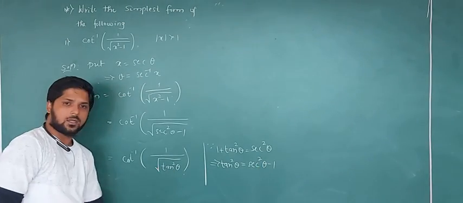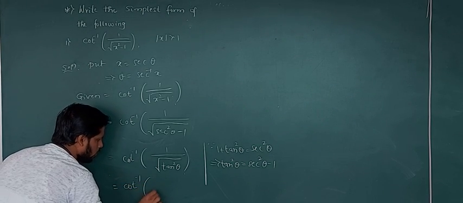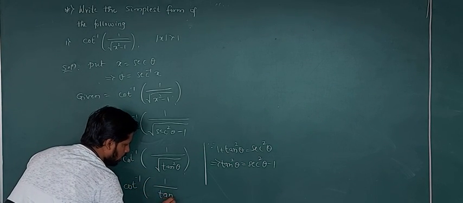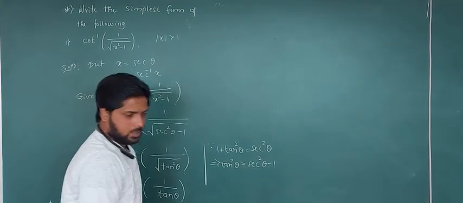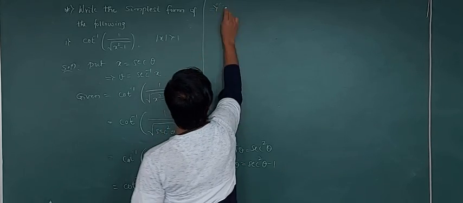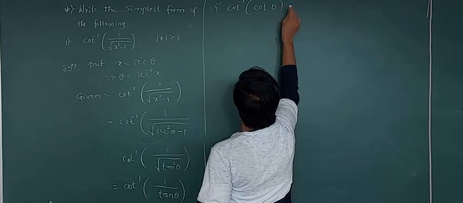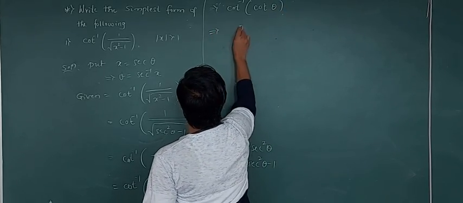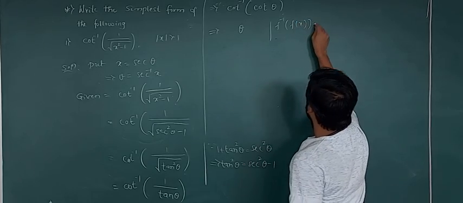So root of tan square theta gives cot inverse of 1 upon tan theta. And also we know that 1 upon tan theta is equal to cot theta. So cot inverse of cot theta.